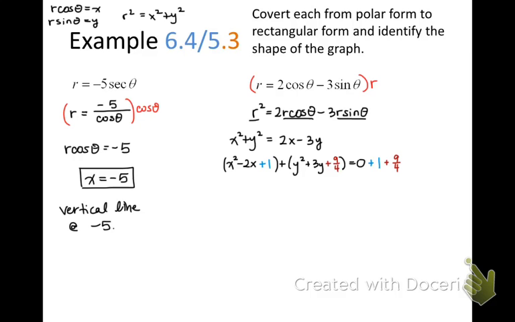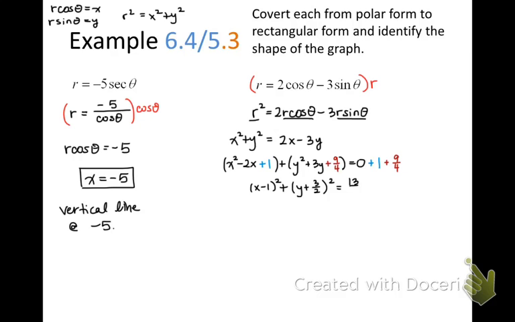Okay, so now that whole point was so that I could write this as one quantity squared for both the x and then the y. So how can I rewrite this grouping right here? x minus 1 squared plus y plus 3 halves squared, and what does that equal? As a fraction, one fraction?